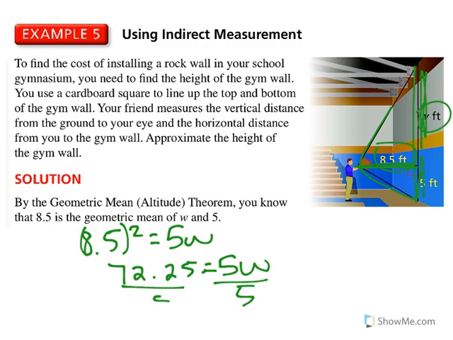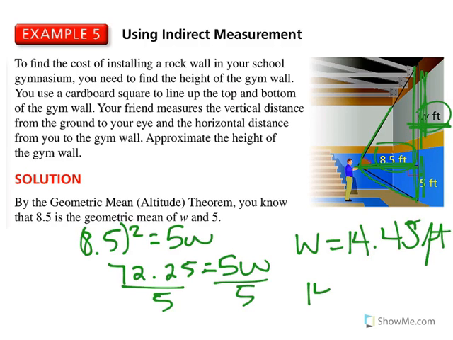Divide by 5 on both sides. W equals 14.45 feet, and it's not looking for what W is. It's asking for the whole height of the wall, so you have to take 14.45 plus 5 to get your answer, which is 19.45 feet.